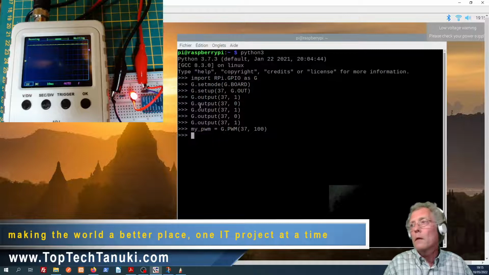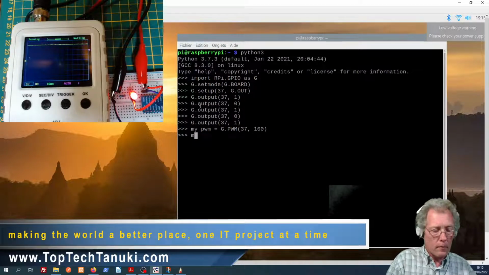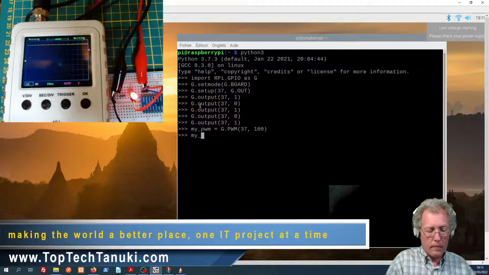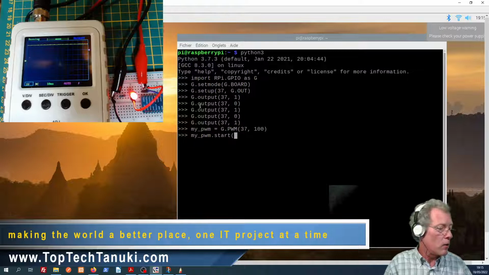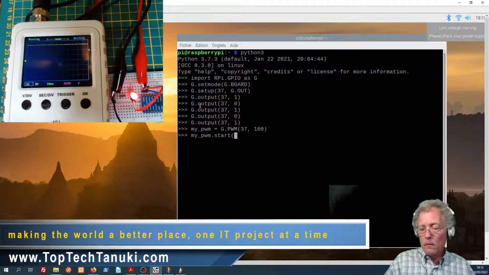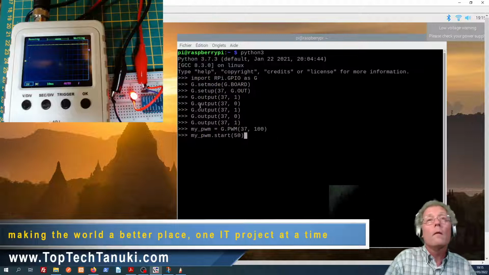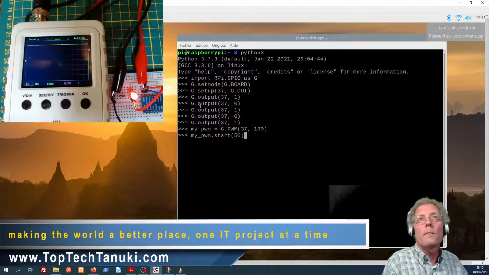Okay, then next we have to start the modulation. And when starting the modulation, we just give the duty cycle. As a beginning, we will start with 50%.